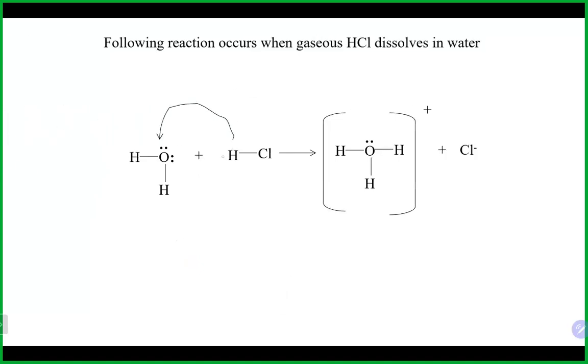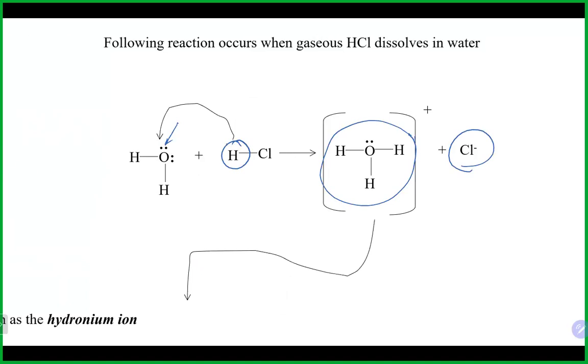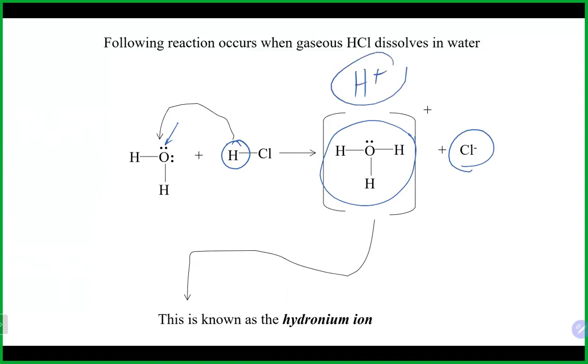So in this particular case, our H plus coming on over to our water then becomes our hydronium ion and our chloride ion in this particular case. And once again, that hydronium ion is equivalent to basically H plus as well.